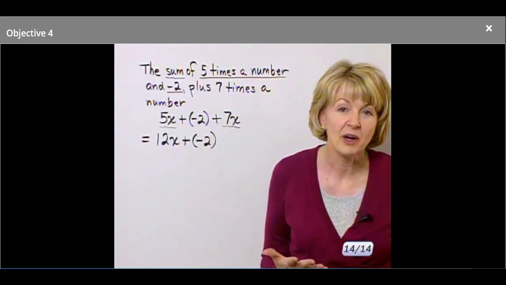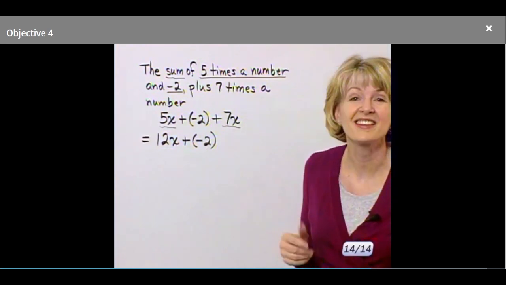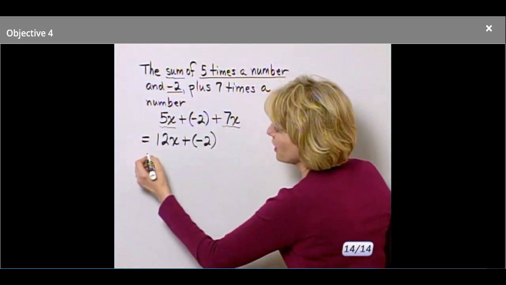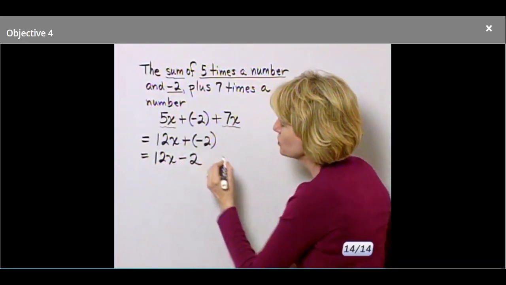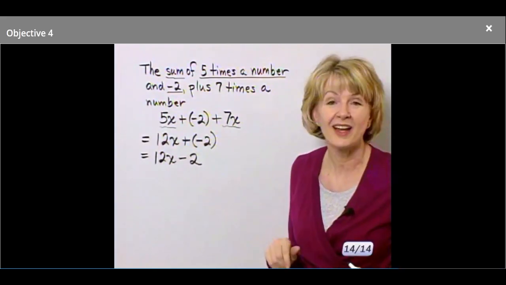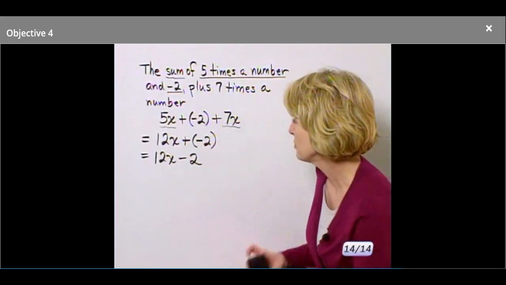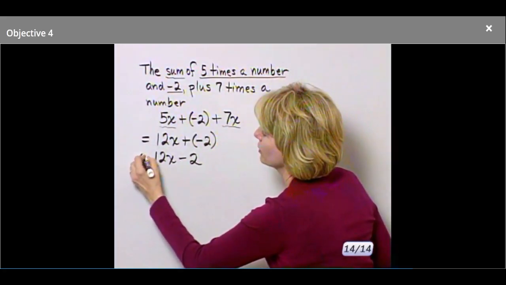Now, there are many ways of writing this. You can leave it as 12x plus negative 2. You can write it as 12x minus 2. Or you can actually write it as negative 2 plus 12x. Let me write this as "or," just to show these are all okay.